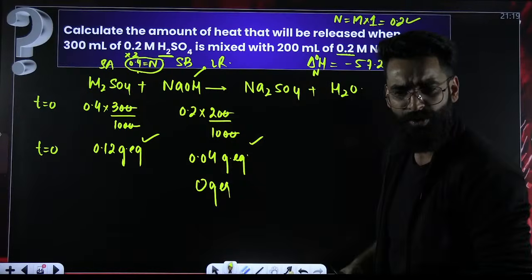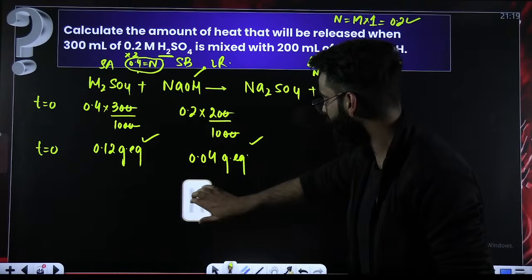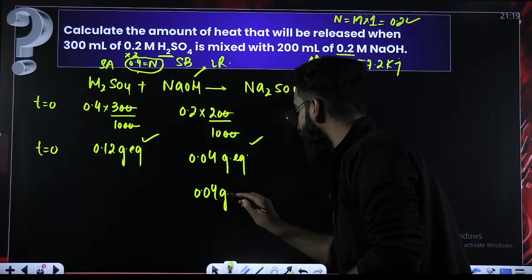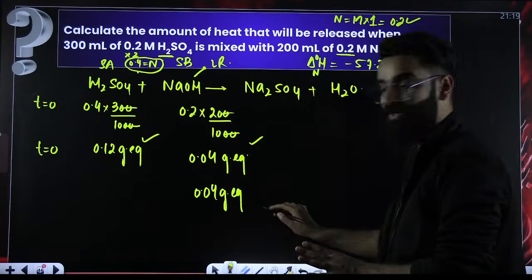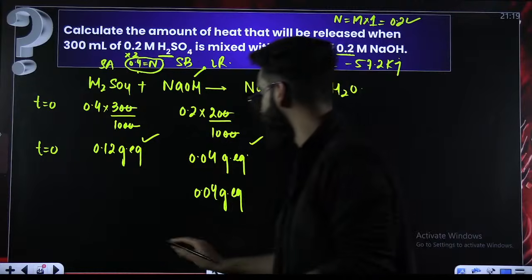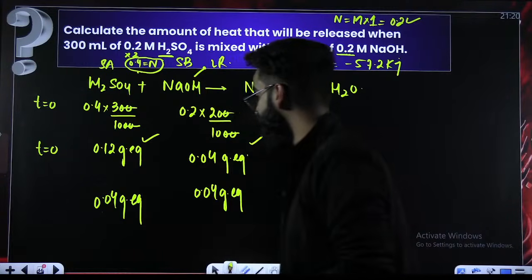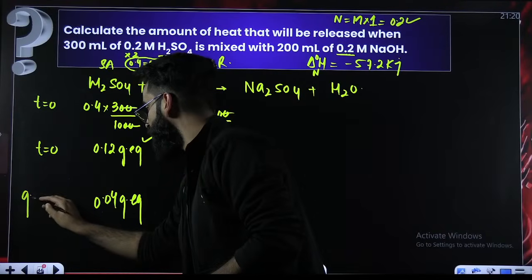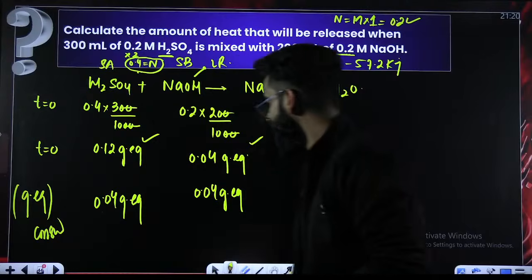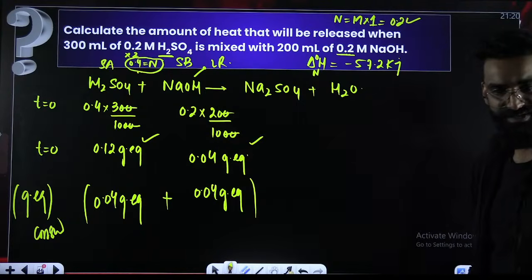And the equivalent concept says that whatever gram equivalents of limiting reagent got consumed, the same gram equivalents of excess reagent also would have got consumed. So 0.04 gram equivalents of acid would also have got consumed. So these many gram equivalents of acid and base are getting consumed, correct?